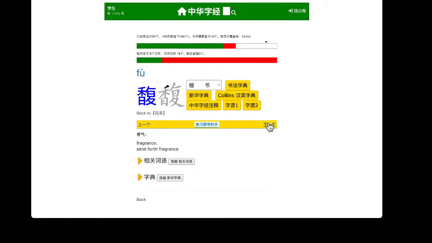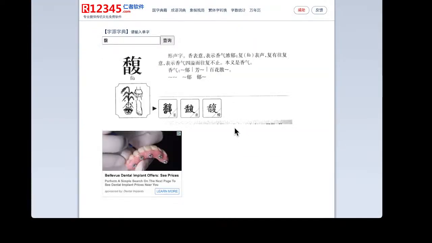Next one, 馥. 馥 means fragrance, or to send out fragrance. Now you can see it has the 香 on the left. That's very direct. The 香 means fragrance, right?